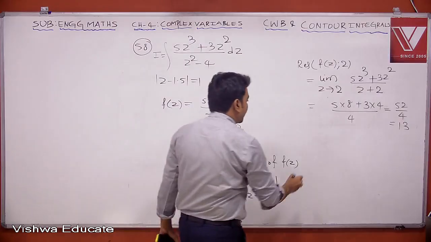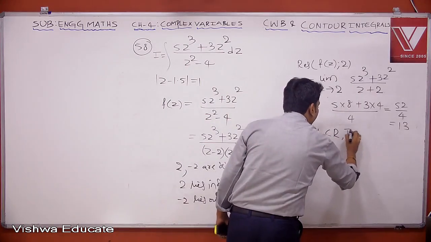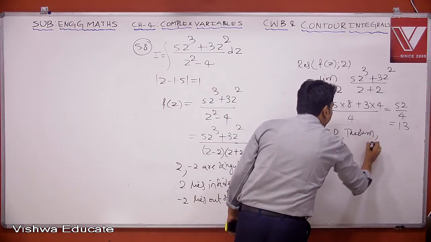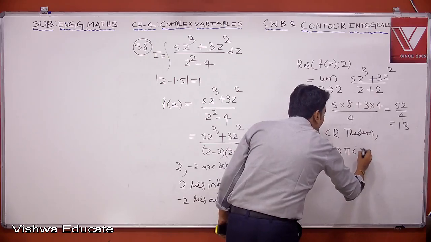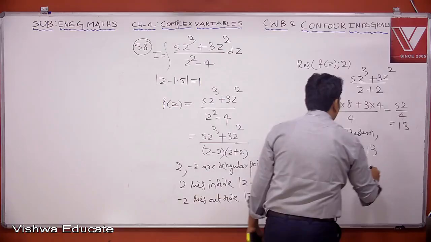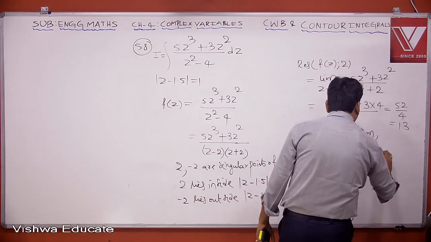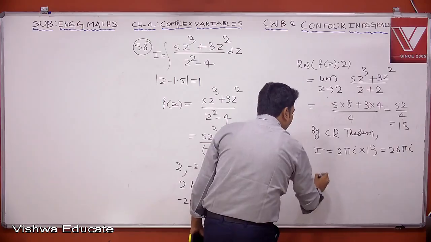Therefore, by Cauchy residue theorem, this I is 2 pi i into residue at 2. This is 13. So therefore this value is given by 26 pi i. But we need to find modulus of this.